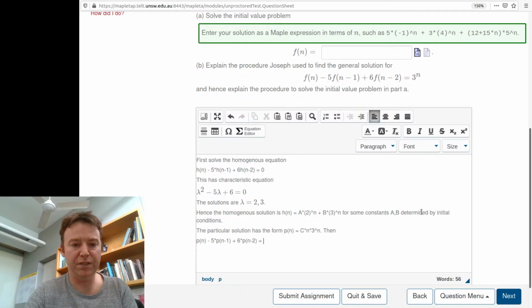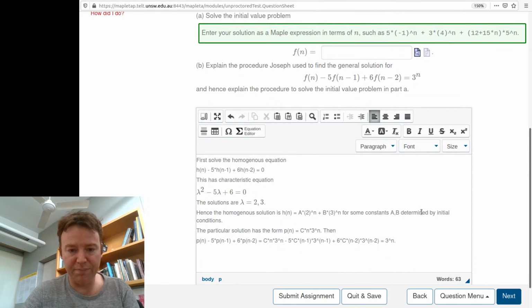I'll write it as c times n times 3 to the power n, minus 5 times c times (n minus 1) times 3 to the n minus 1, plus 6 times c times (n minus 2) times 3 to the power n minus 2, equals 3 to the n.